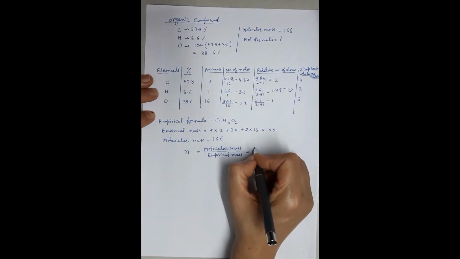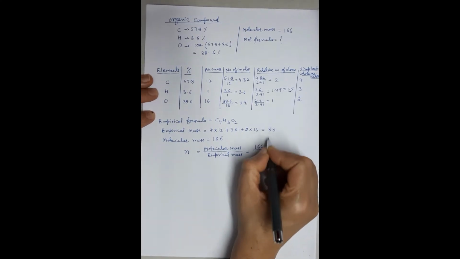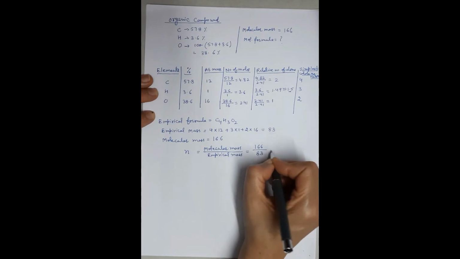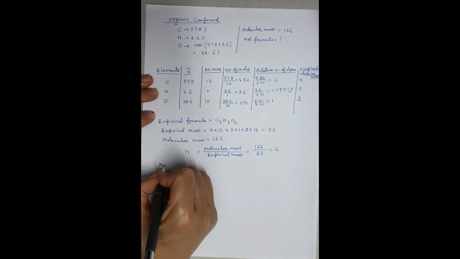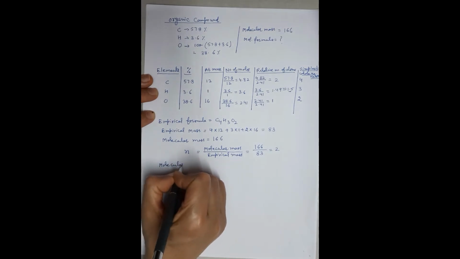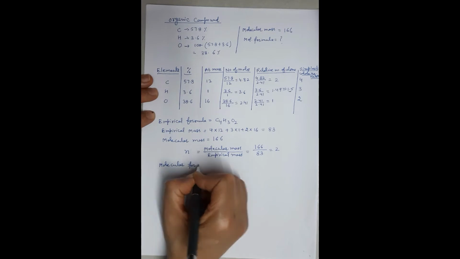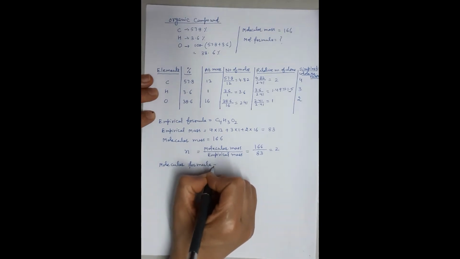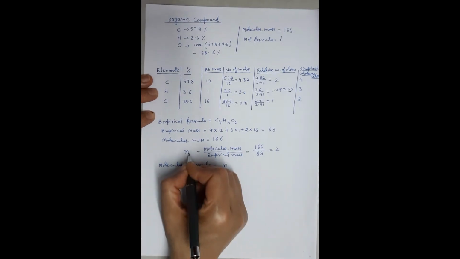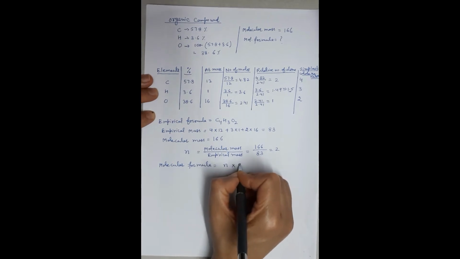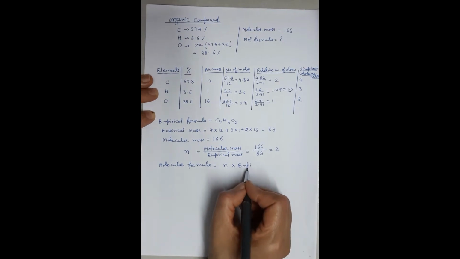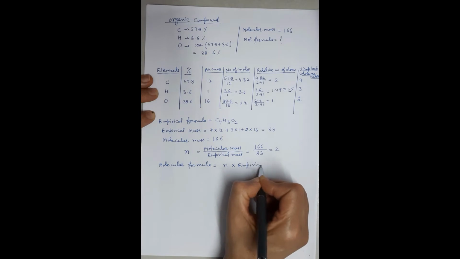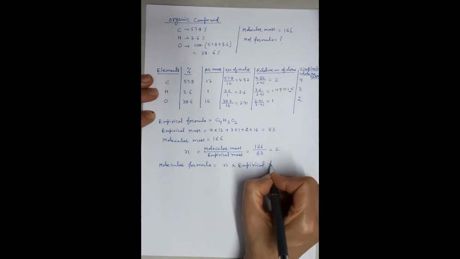So the molecular mass is 166, divided by the empirical mass, 83, it is 2. How will you find out the molecular formula? The molecular formula is equal to n, this number, into the empirical formula. n is that whole number multiple with which, if you multiply the empirical formula, you will get the molecular formula.